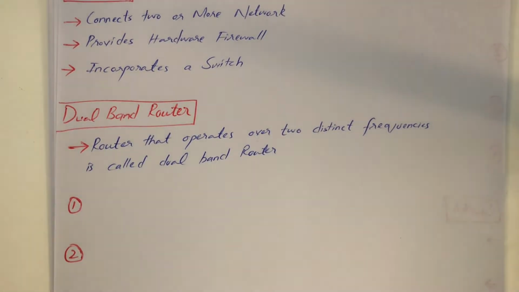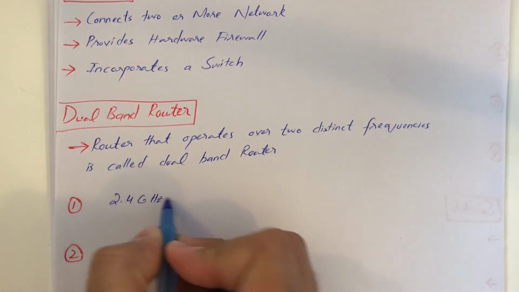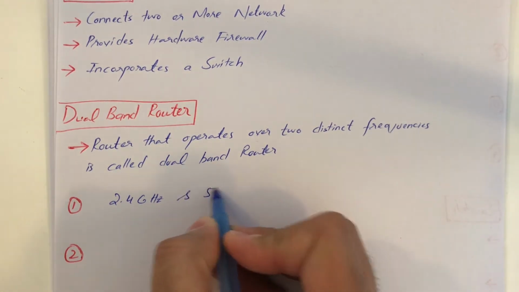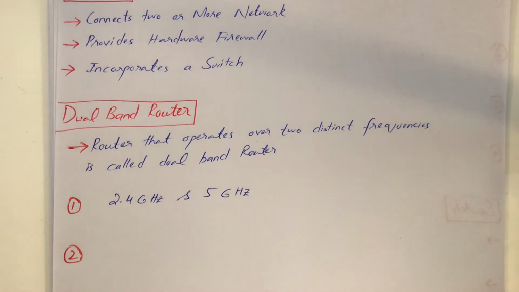So what are those frequencies? Frequency is 2.4 gigahertz, which is the most commonly used frequency range, and secondly 5 gigahertz. So nowadays the routers that we use, they operate at 2.4 gigahertz and 5 gigahertz.